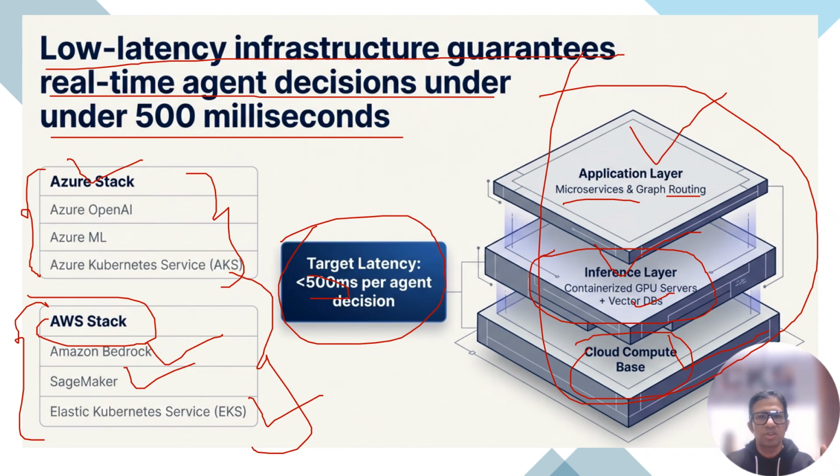So this infrastructure stack ensures fast decisions, scalable execution, and enterprise-grade reliability. And in the next slide, we will cover the final piece of enterprise readiness: security, access control, ethical safeguards, and auditability. Because without that, no enterprise will allow AI to operate in procurement.